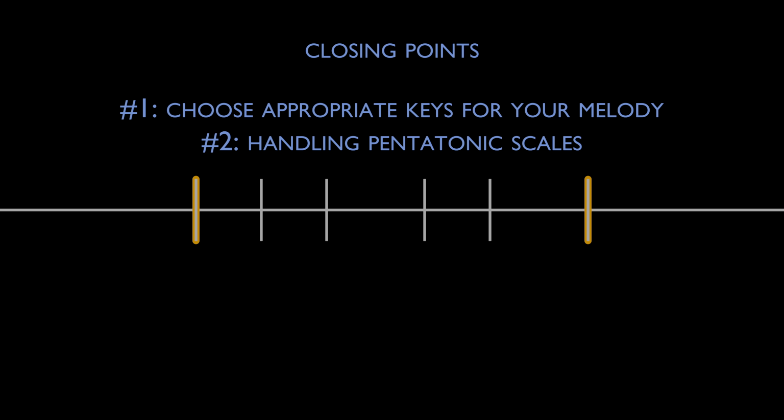Number 2. Many melodies make use of the major or minor pentatonic scales. These scales only have 5 notes in them, instead of the 7 notes in most major and minor scales. If we are really going to create our chords using only our scale notes, this would have some strange implications. For example, the 5 chord uses the 5, 7, and 2 notes, but the 7 note is not in the major pentatonic scale.